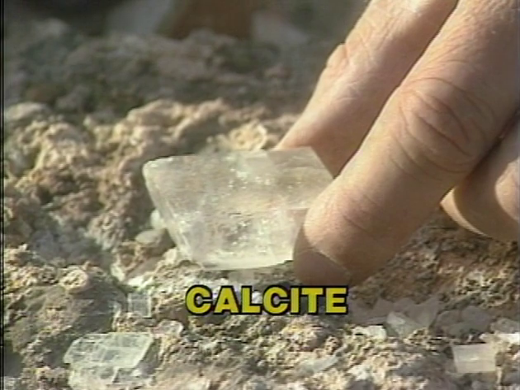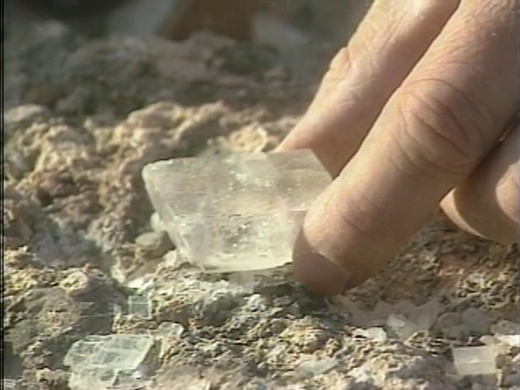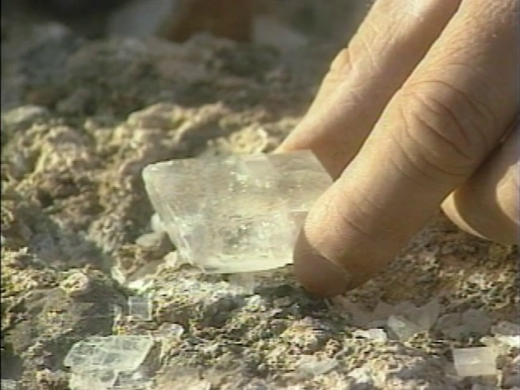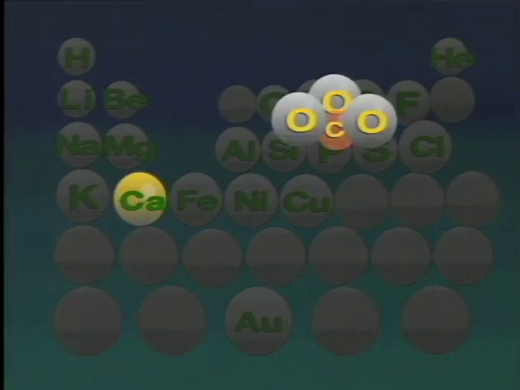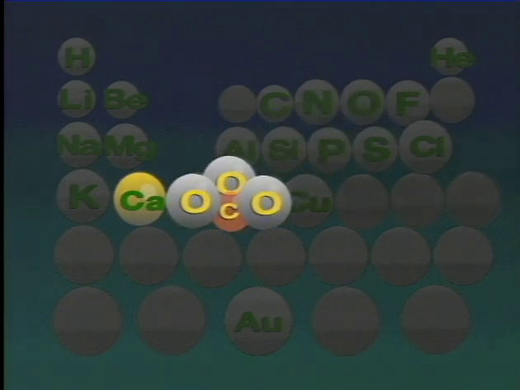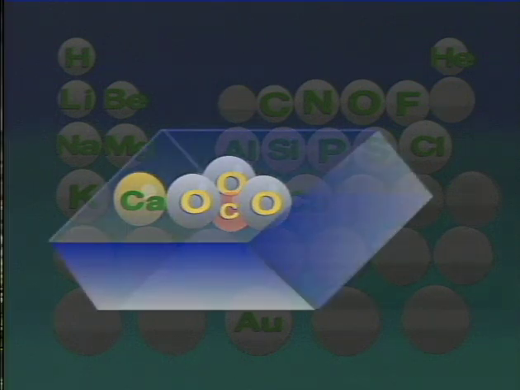Calcite and the chemically related minerals belong to a family called the carbonates. A closer look shows that the internal structure of calcite is the combination of calcium atoms and carbonate ions, an arrangement whose outward form is a rhomb-shaped crystal.